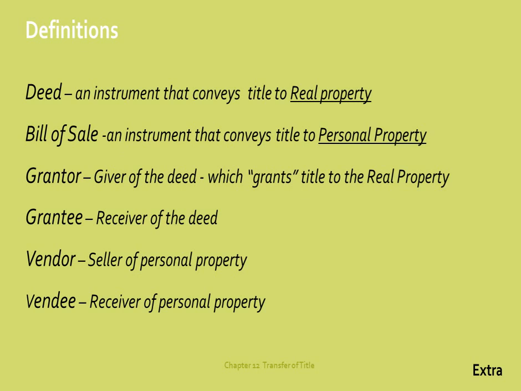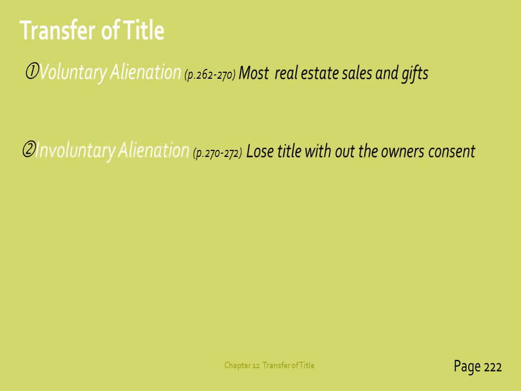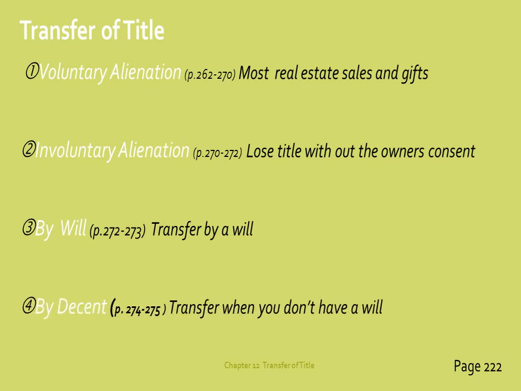So, 4 ways to convey title: voluntary alienation, involuntary alienation, by will, and by descent. Voluntary alienation, found on pages 219 to 227, is what happens in most real estate sale transactions. Somebody voluntarily conveys their title from one party to another. An involuntary alienation is where the grantor loses title, frankly, without their consent.